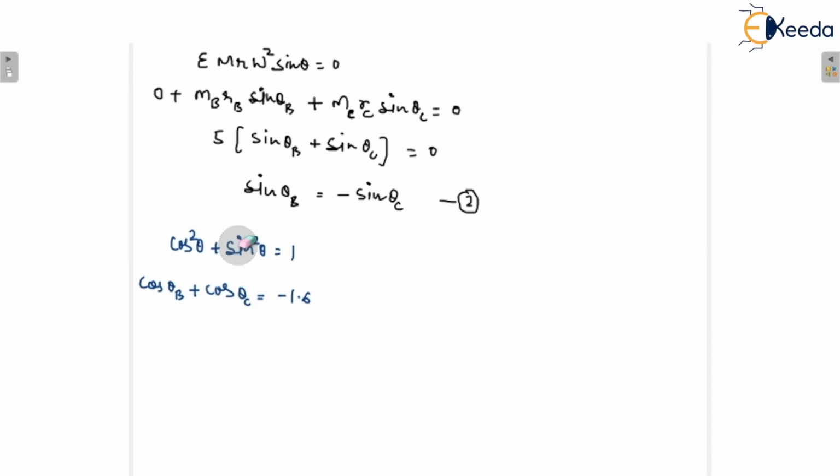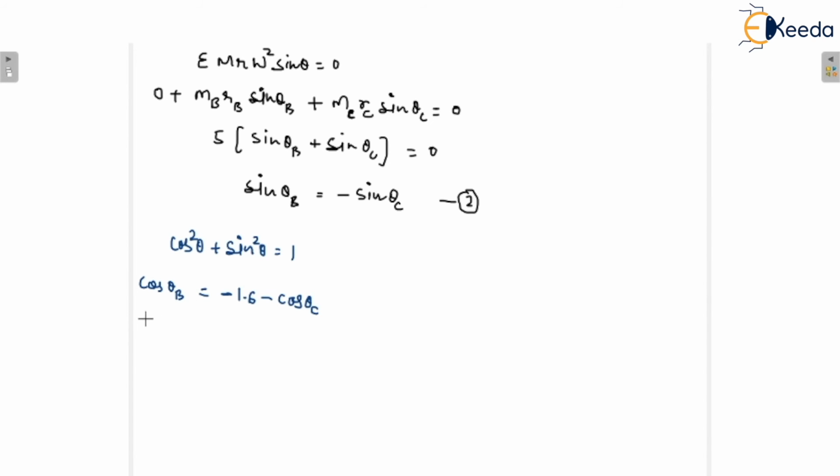When you rearrange, I can move cos theta c to the other side. So we'll get cos theta b is equal to minus 1.6 minus cos theta c. Okay, this is what you get from equation number 1.